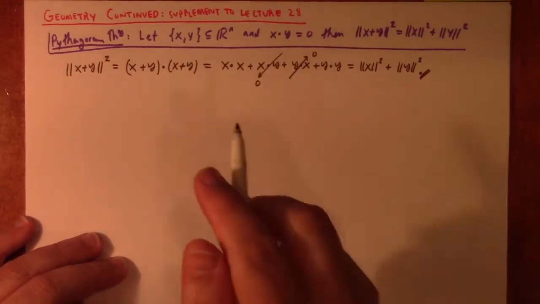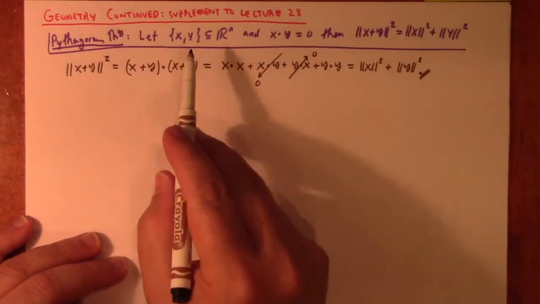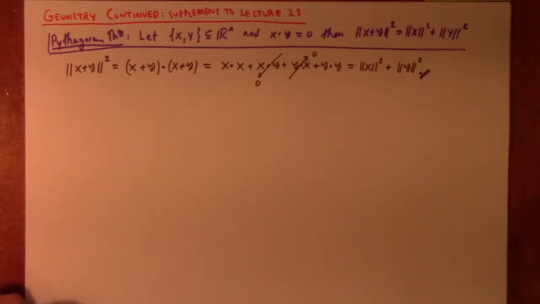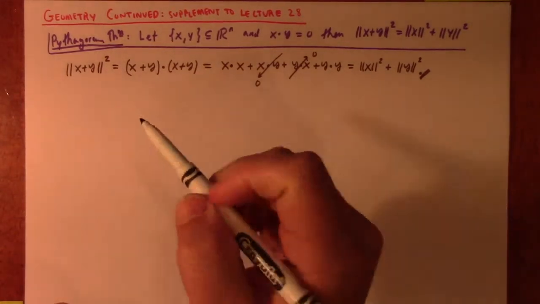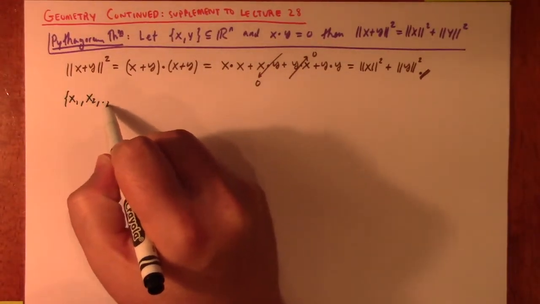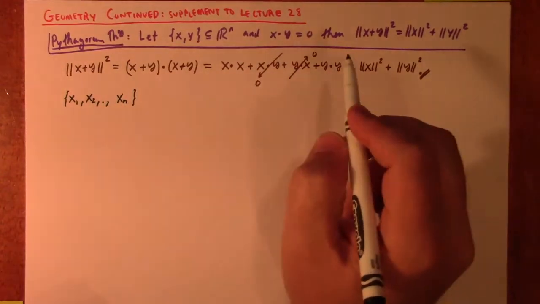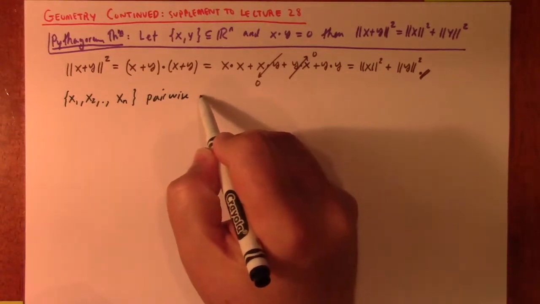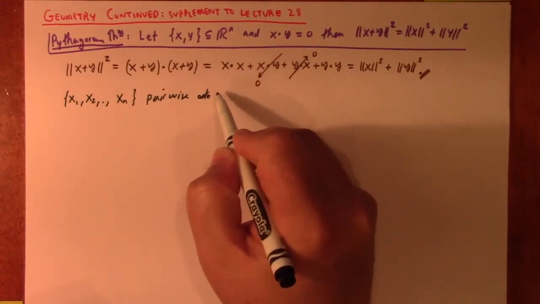Now, if you have more vectors, it's not hard to prove. If you wanted to generalize this theorem a little bit, suppose you had x1, x2, through xn, pairwise orthogonal, which is just to say orthogonal.